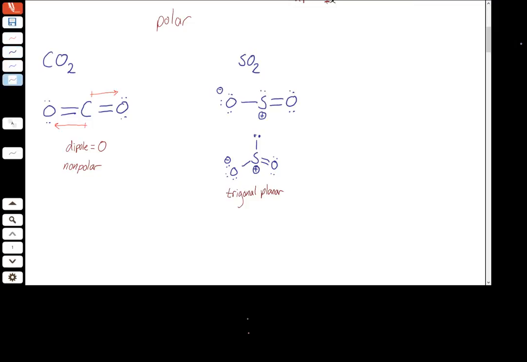And then the actual molecular geometry, we would say is bent. And this bond angle we would expect to be maybe a little less than 120 degrees.